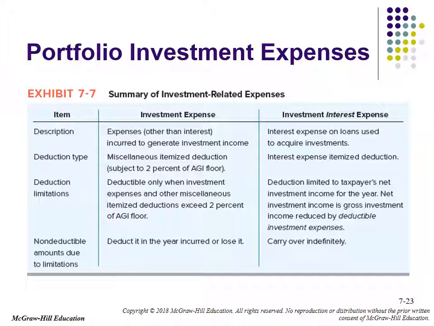So, let's say you have a loan that you purchased stock with, and the interest was $2,000 this year. So that's your investment interest expense. After netting together your dividends and your interest, your capital gains, your investment income for the year is $1,500. That's how much you showed in those categories overall.